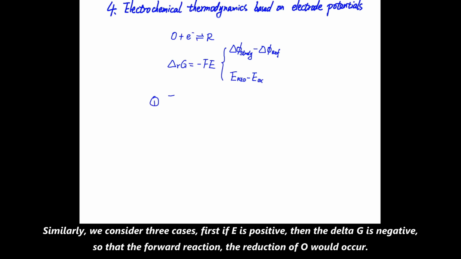Similarly, we consider three cases. First, if E is positive, then ΔG is negative, so the forward reaction of the reduction of O would occur.